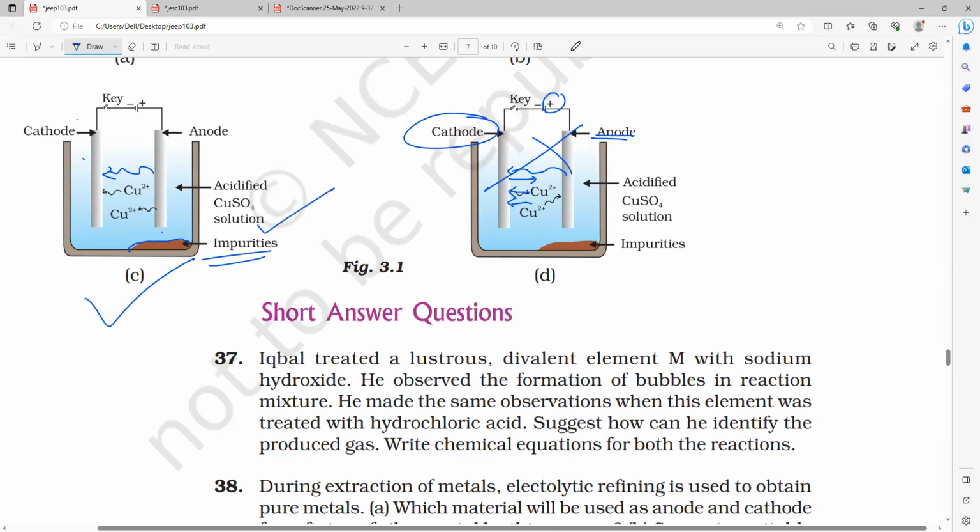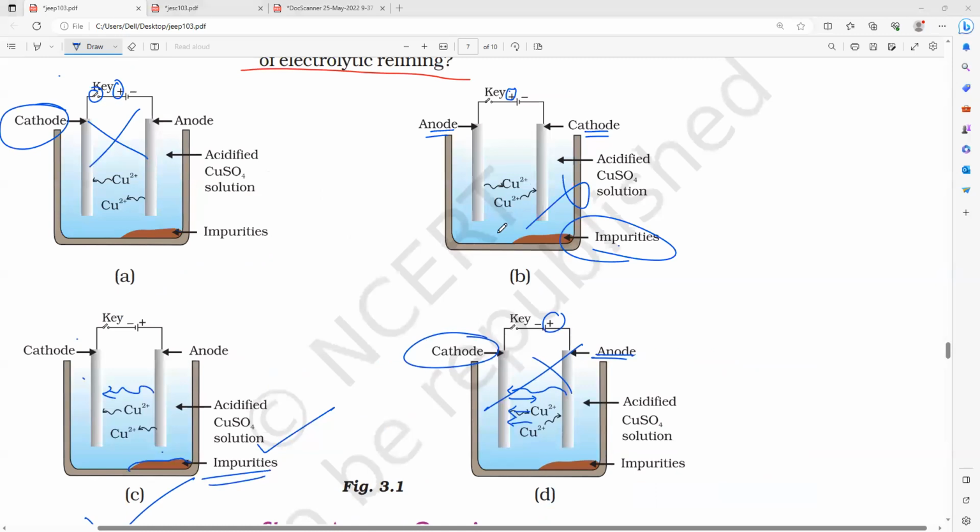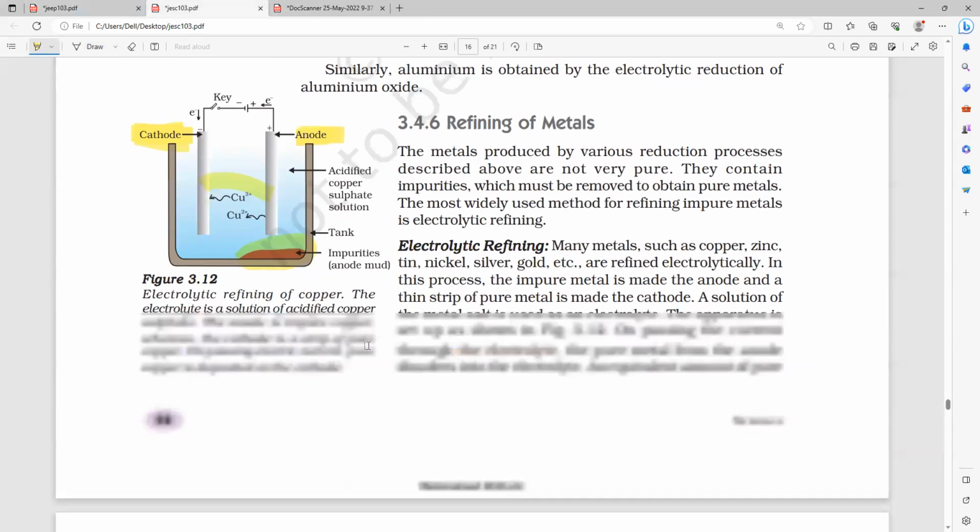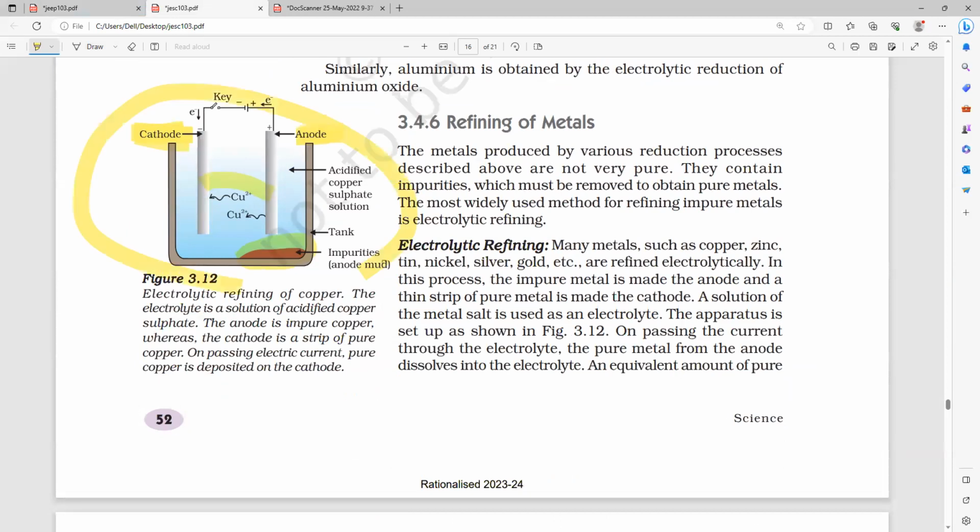Did all of you understand? So this picture-based question is very important. That's why we always have a glance. This picture must be in our mind so that you can always remember three important points.